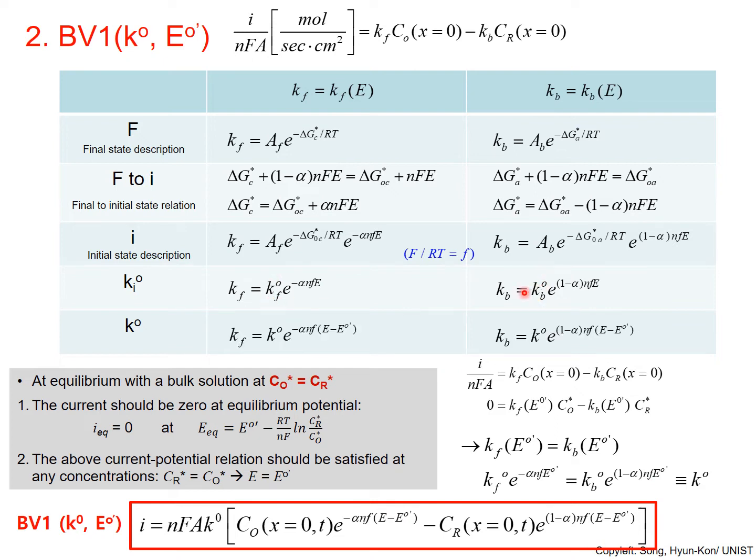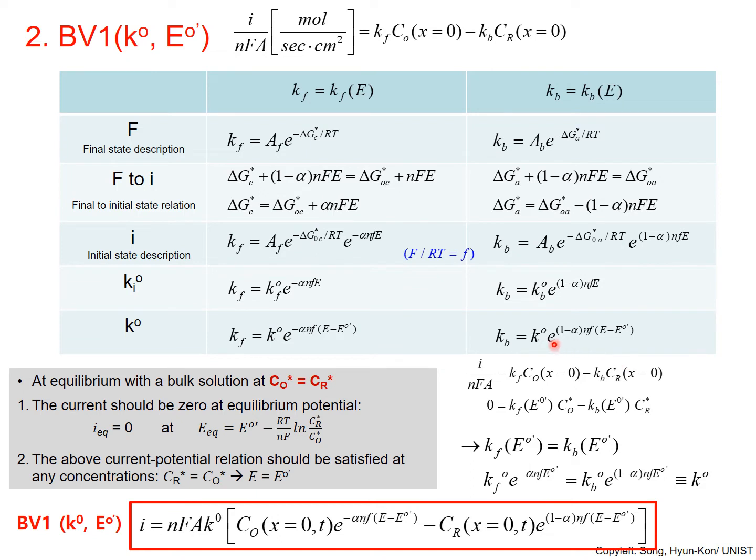Then let me put here and here. Then finally we could obtain this equation. The forward reaction rate constant and also the backward reaction rate constant can be described by the function of the potential difference with respect to the formal potential. And then also you can find the two parameters, k0 and alpha.